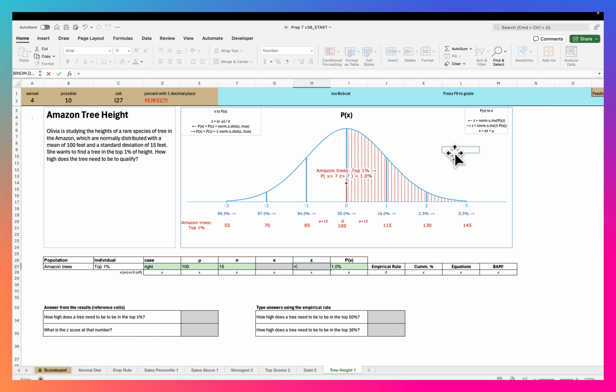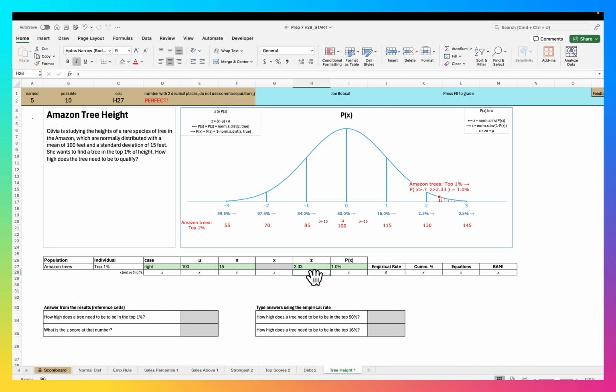Now, to get the z-score, we're looking right, it's norm.s.inv of 1 minus P of X. That's 2.33, and then to get x, it's going to be z times the standard deviation plus mu.